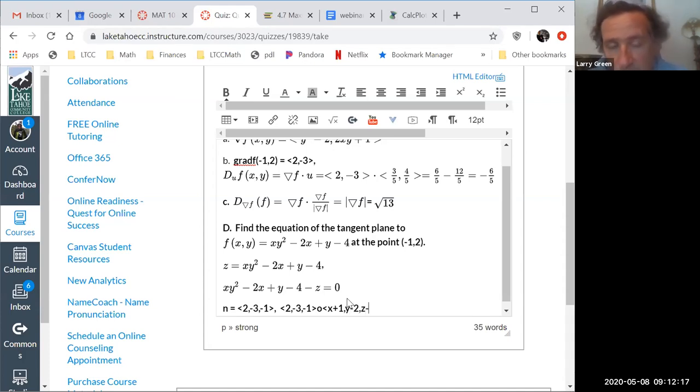Comma z minus, and I don't think I found z, so I gotta find it. We gotta plug in -1. You plug in -1, you get -1 times 4 is -4 minus 2 times -1. So that's plus 2 is -2. And then plus 2 is 0, minus 4 is -4. That's z plus 4 if I did my arithmetic right. Any questions on that? Is that clear so far? Yeah?